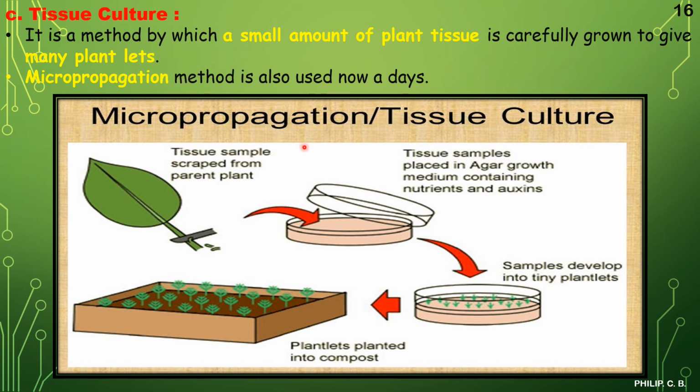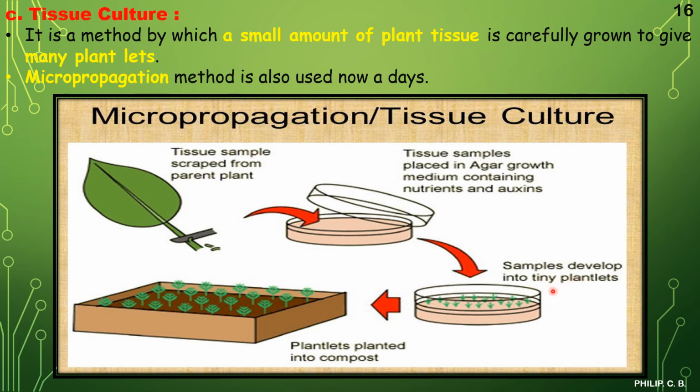So we say micropropagation of tissue culture. You can see a leaf, the tissue sample scrap from the parent plant is taken, then it is put into a petri dish. So tissue sample placed in an agar growth medium containing nutrients and oxygen. So in a petri dish where the nutrient medium is present, the oxygen, that is the growth hormone, is there, which helps in the tissue culture.